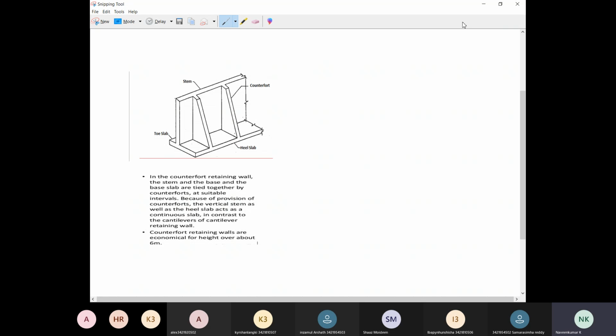With the increase in the height of the wall, the soil mass to be carried by the wall increases. For example, the soil mass will be filled behind the wall.